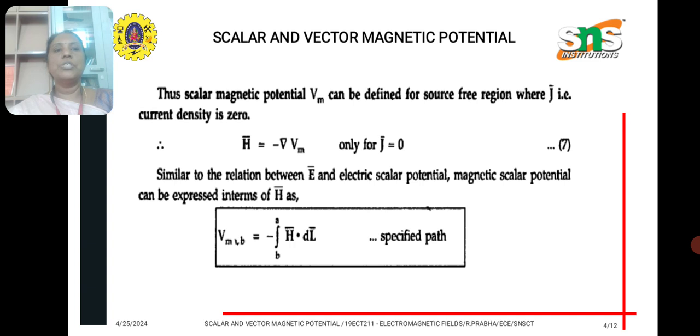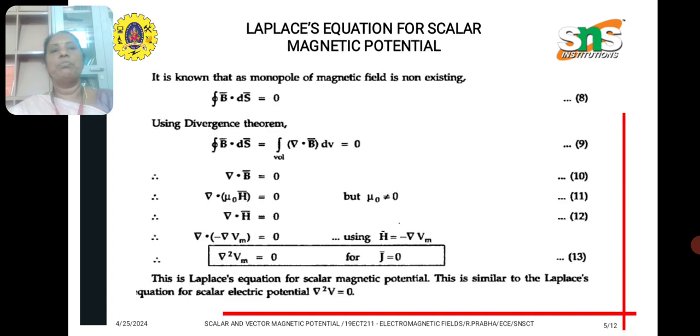This is for J is equal to 0, that is current density 0. And like the relation between electric field and the electric scalar potential, the magnetic scalar potential can also be expressed in terms of H as Vm is equal to minus integral from b to a of H dot dl, along a specified path.